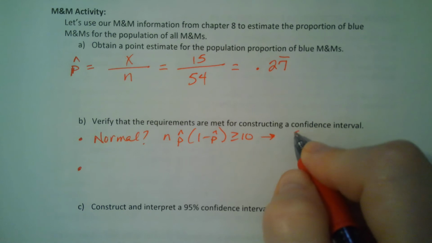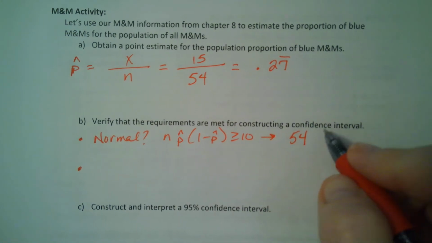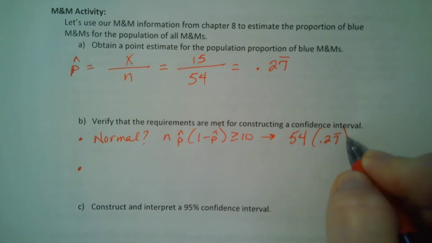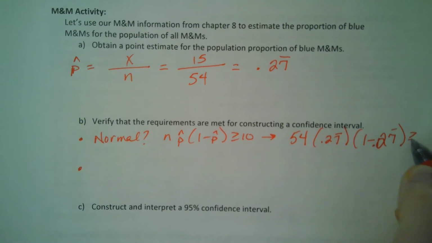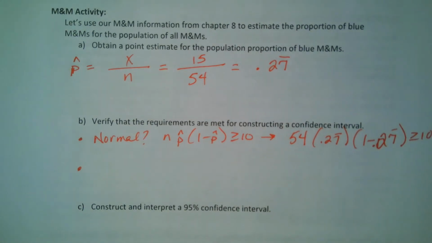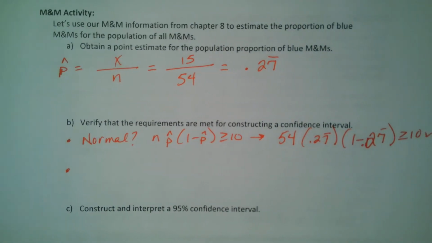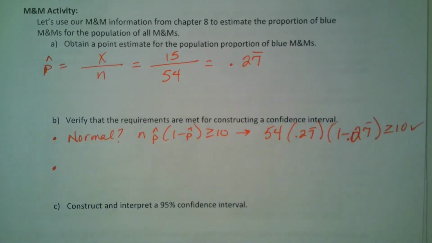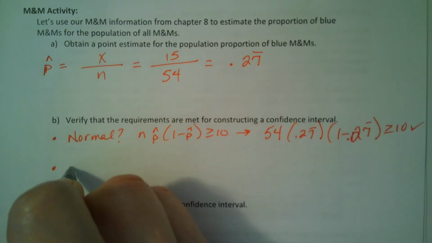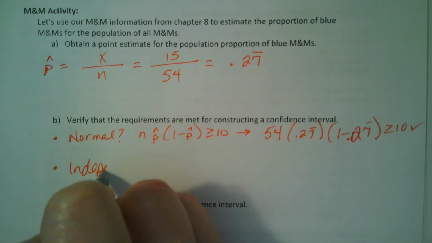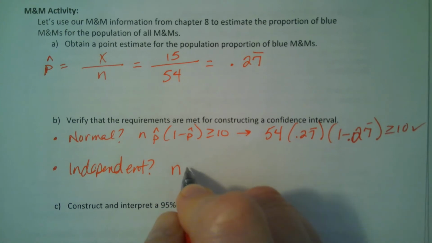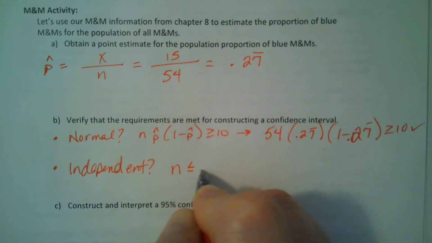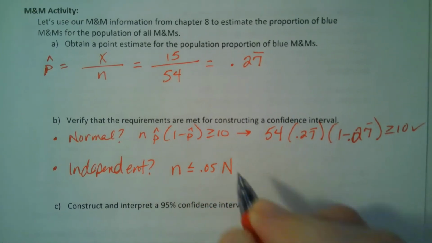I have 54 M&Ms in my bag, p-hat is 0.27 repeating, times 1 minus p-hat, and that is definitely greater than or equal to 10. So I've satisfied that first requirement. Then we have to decide, is my sample independent? Is my sample less than 5% of my total population?